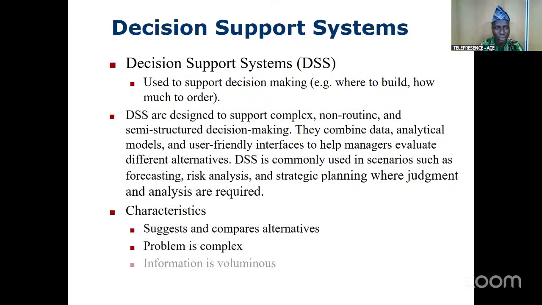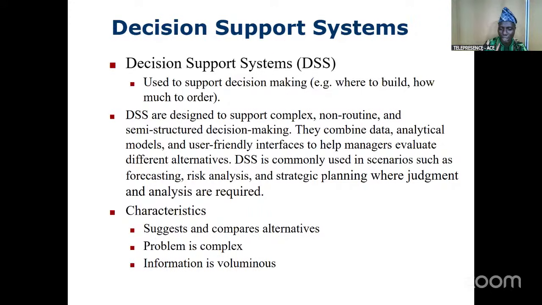The decision support system is used to support decision making. Decision support systems are designed to support complex, non-routine, and semi-structured decision making. They combine data and analytical models, and they use user-friendly interfaces to help managers evaluate different alternatives.